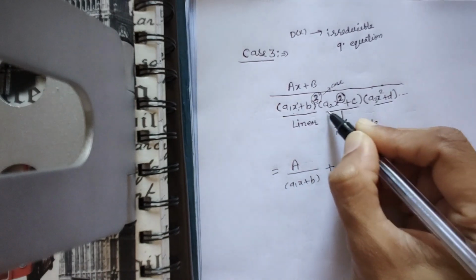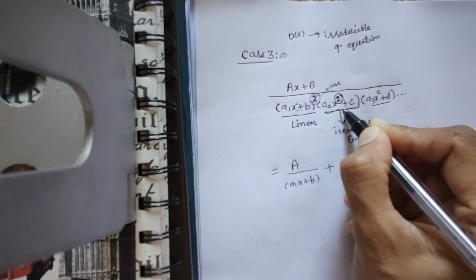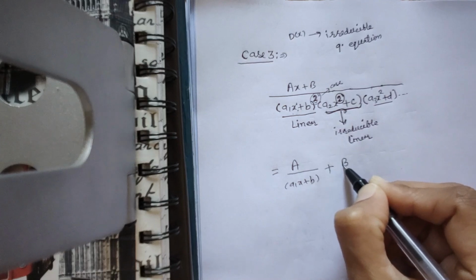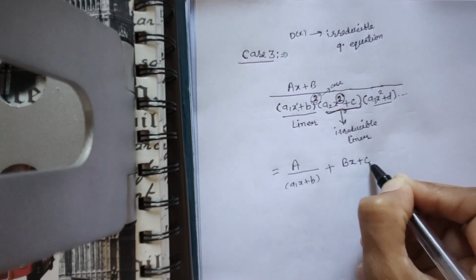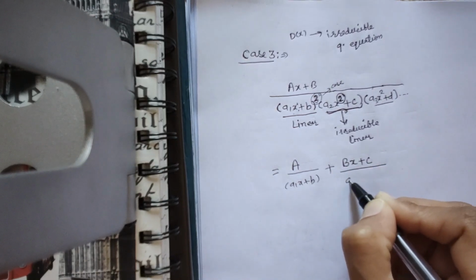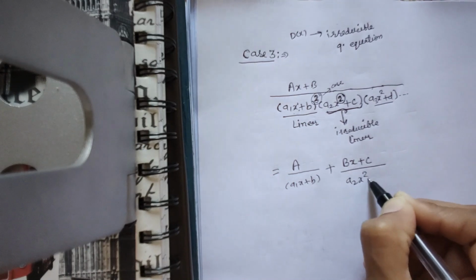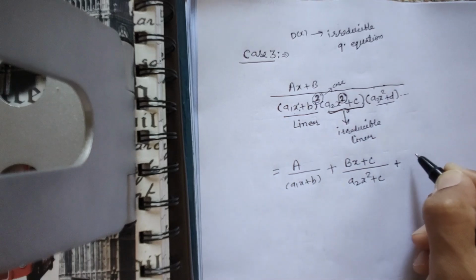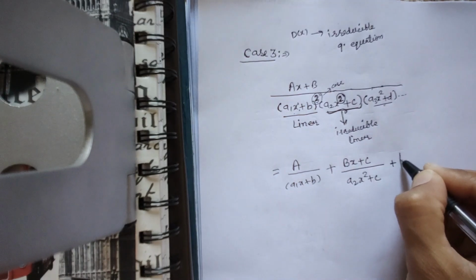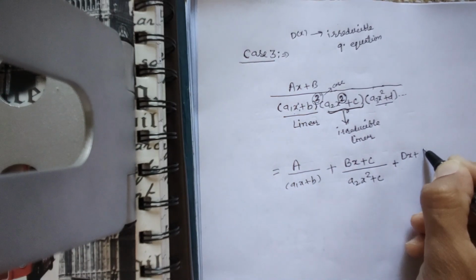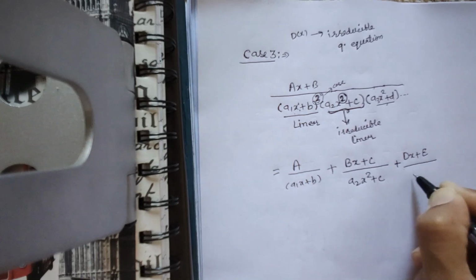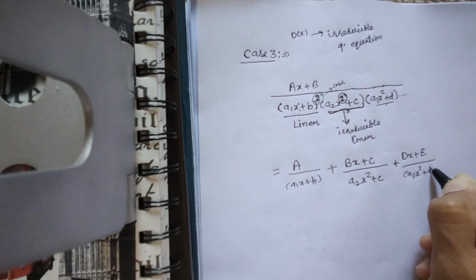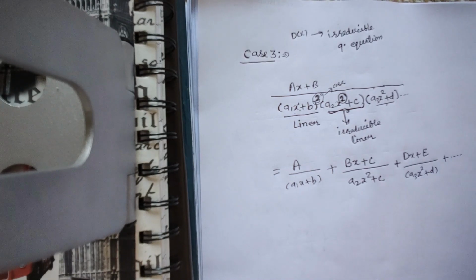Now if I have an irreducible quadratic equation, I need to find two constants, such that bx plus c upon a2x square plus c, plus for this bracket again I need two constants, so I am writing dx plus e upon a3x square plus d, plus and so on.